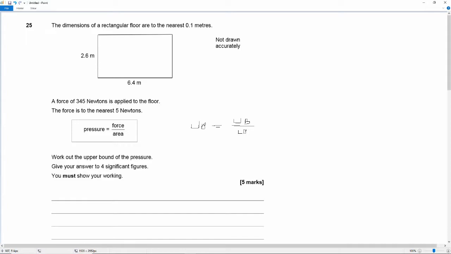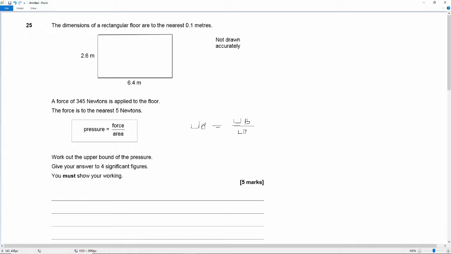So to get the biggest possible pressure, we need the maximum amount of force that can be considered 345 newtons to the nearest 5 newtons, and the minimum area that can be considered 6.4 times 2.6.